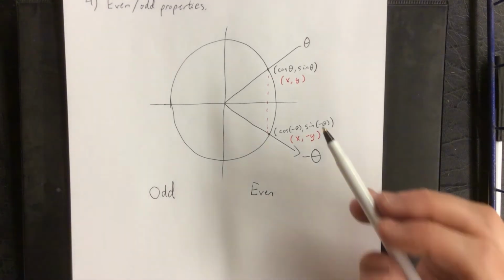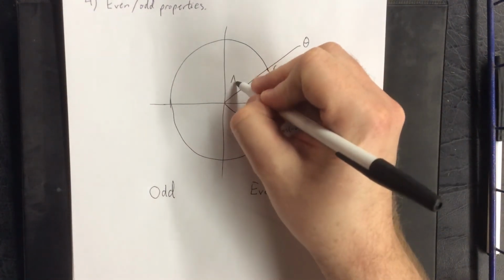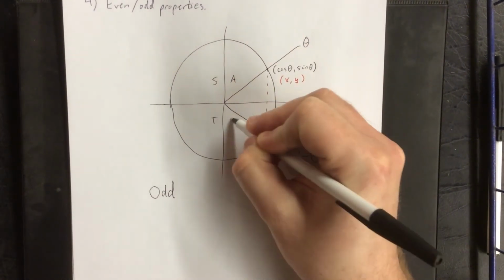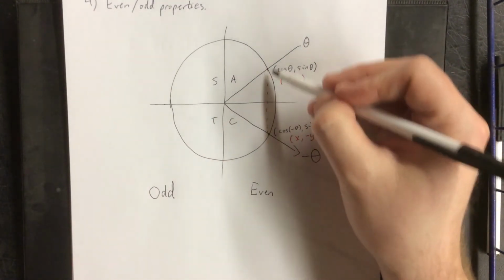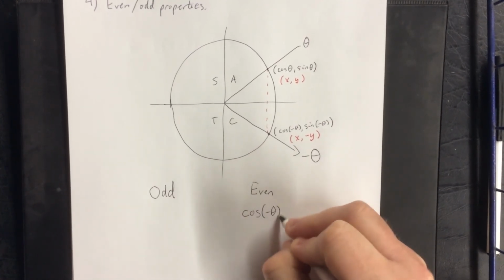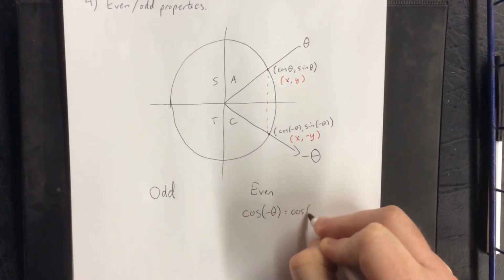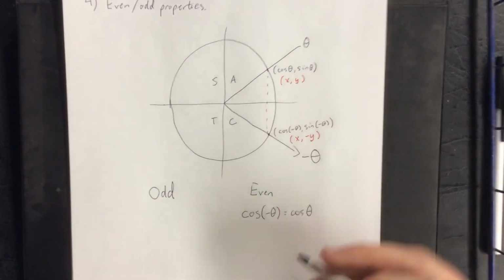The only one of the big 3 that's going to stay positive will be the cosine. The x-coordinate is the only thing that stays positive here. So the cosine of negative theta will be the same as the cosine of theta because these two x-coordinates happen to be equal to each other.